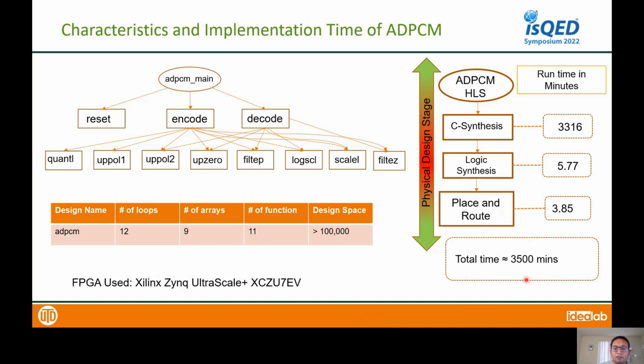The total time to generate one design is around 3500 minutes. But sometimes the results after the place and route stage may not match the results reported after the C synthesis stage. In this case, we may have to perform this process again and repeat this multiple times. Hence, it is a time-consuming process.